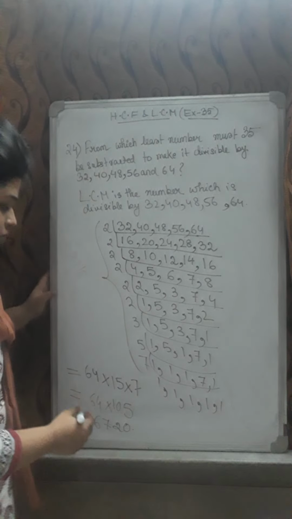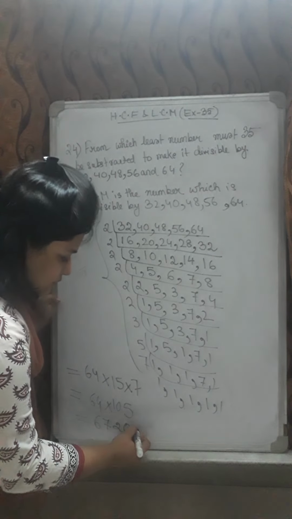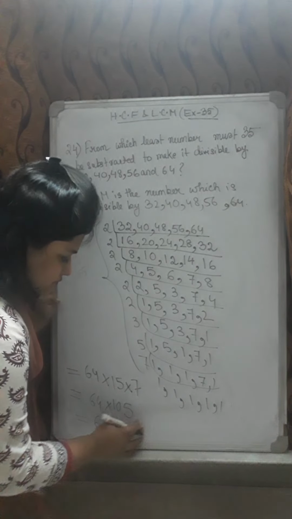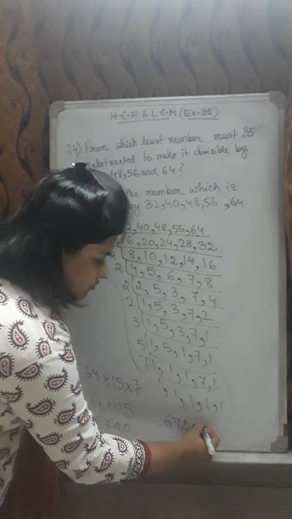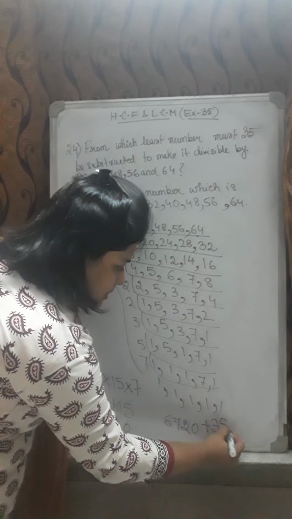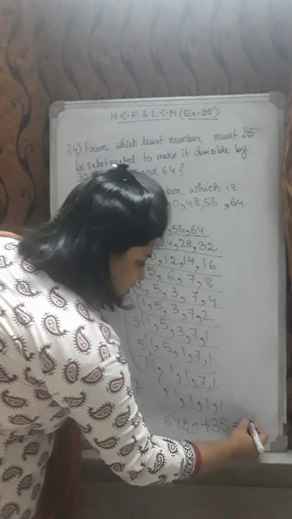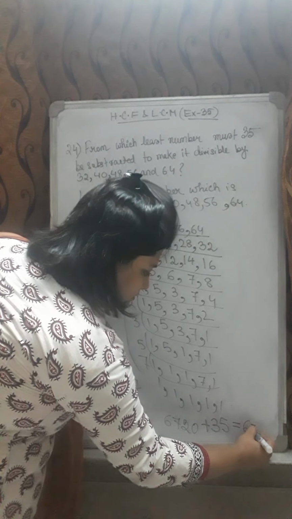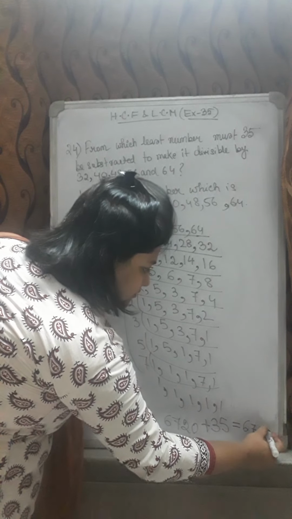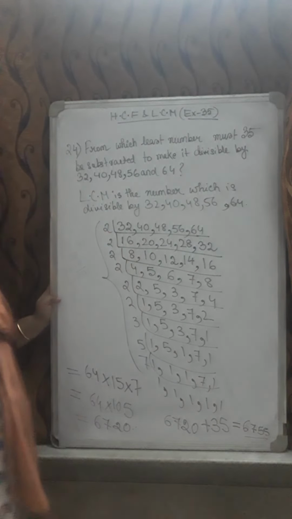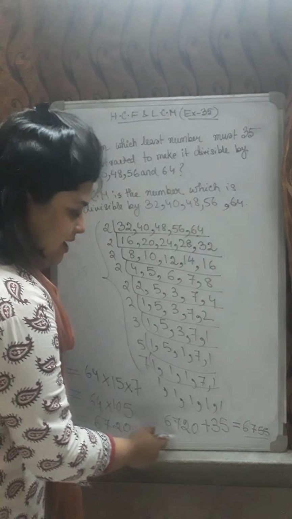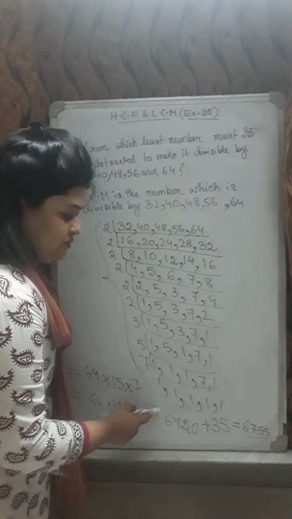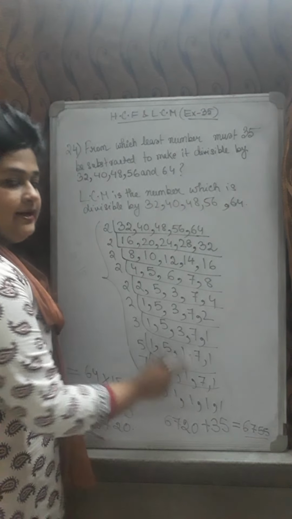So we have to add 35 to the result 6720, that means 6755. So this is the required number from where, if I subtract 35, I get the number which is divisible by all these numbers.